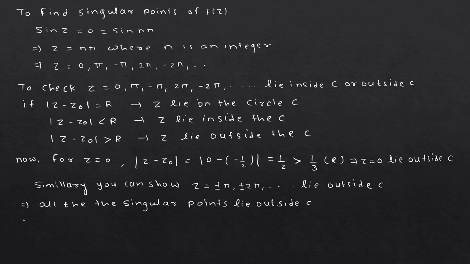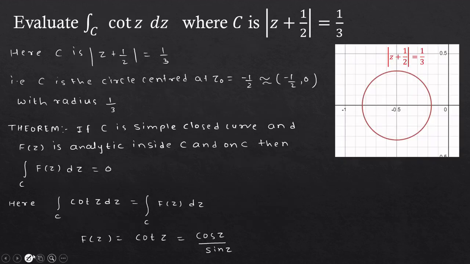So this implies capital F of z is analytic inside C and on C. Why is it so? Because all the singularities, plus and minus pi, plus and minus 2 pi, and so on, lie outside this circle.